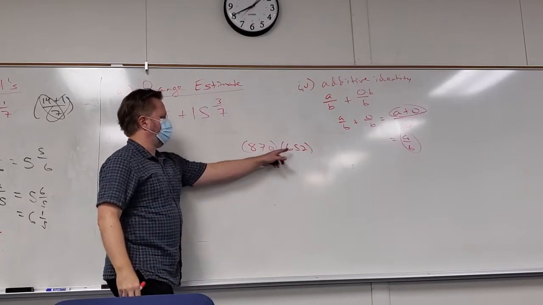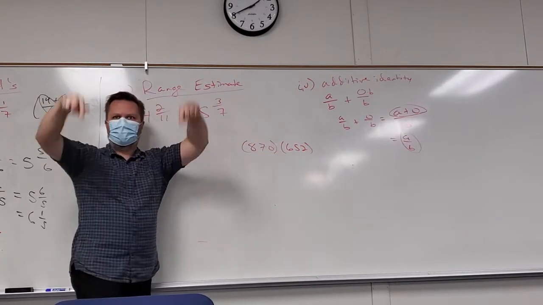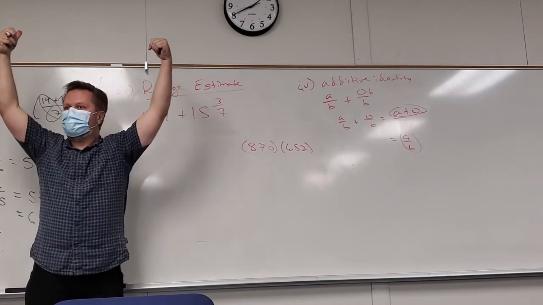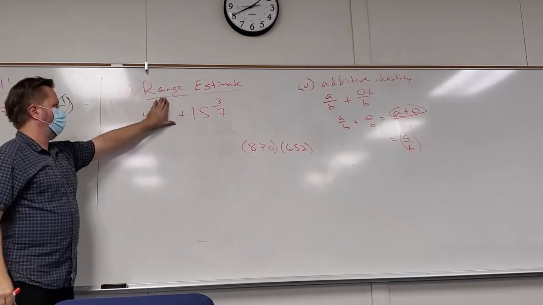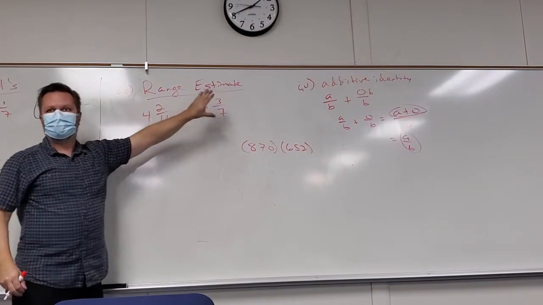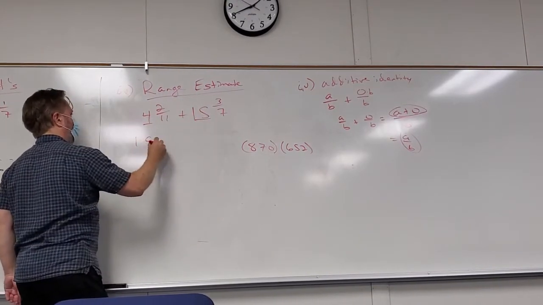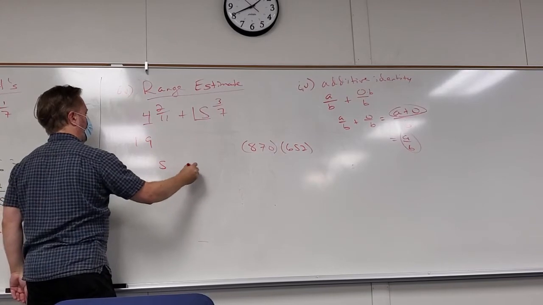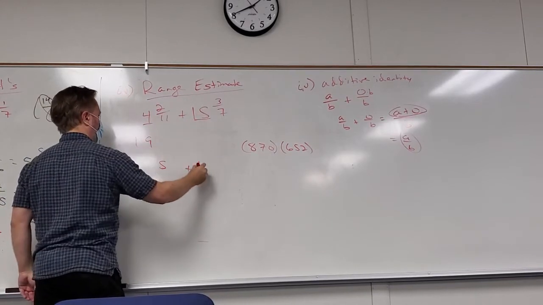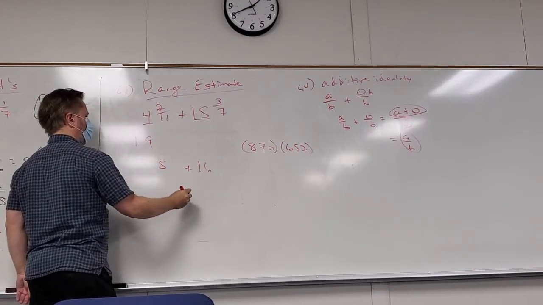Didn't we ignore this and say 800 times 600 down, and then 900 times 700 up, right? We do the same thing here, ignore this. 4 and 15 is 19. And then I can think of 5 plus, so up, 20.